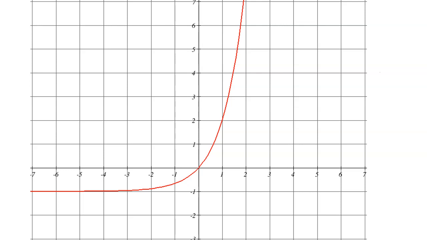That makes me wonder if maybe they've taken 3 to the x and subtracted 1. If that's true, then instead of going through 1, 3, it'll be going through 1, 2, and it certainly is. It also means that instead of going through negative 1, 1/3, the reciprocal of 3, it goes through negative 1.